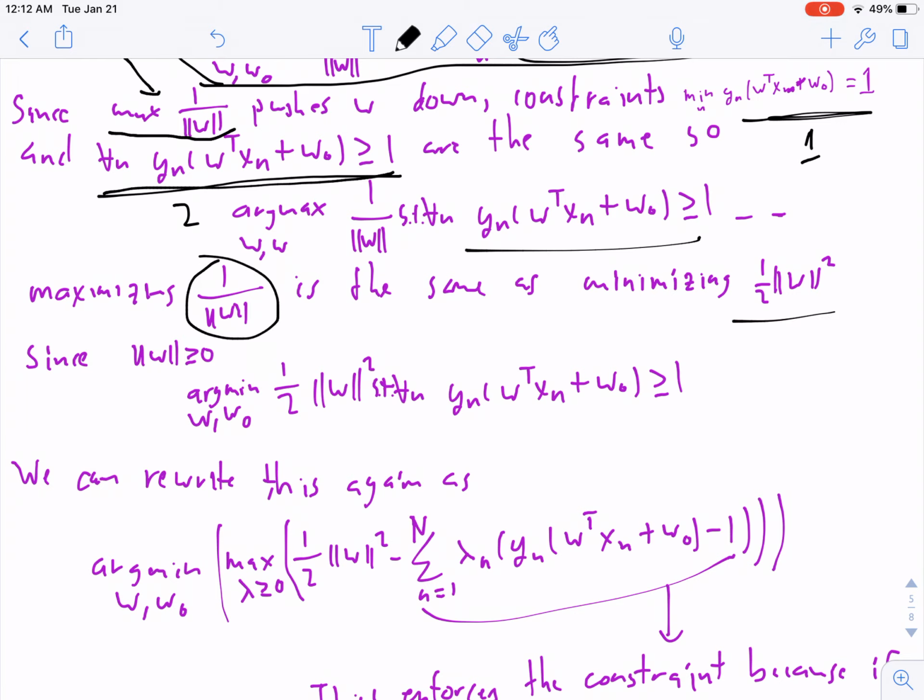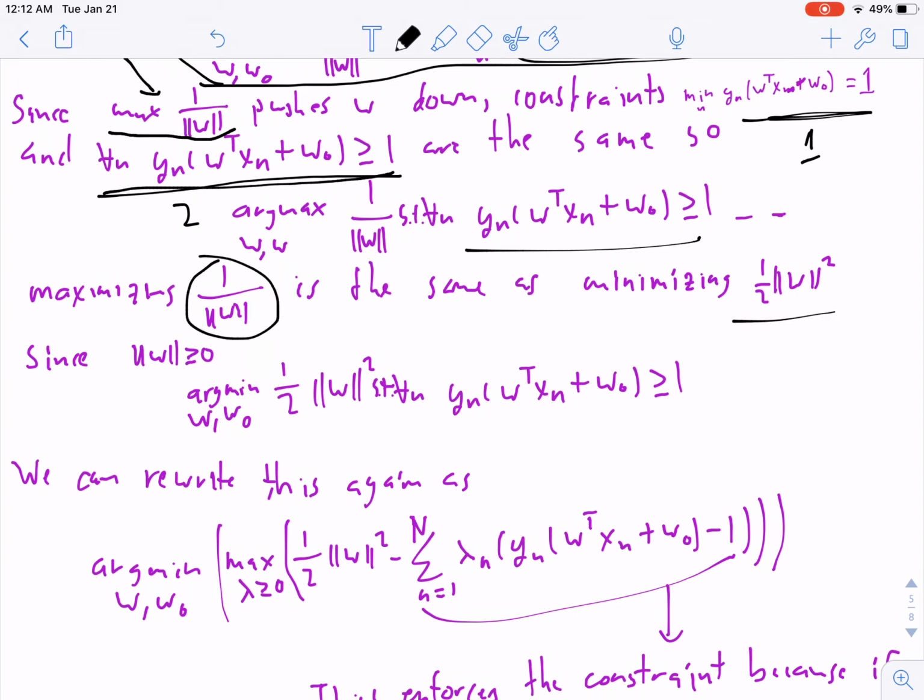And the second thing that I'm going to show is that, subject to the constraint, the equation star minimizes the quantity 1/2 of the norm of w squared, because that's what this equation does. It holds the constraint to be true, and given all the w's and w naughts that satisfy the constraint, it returns the w and w naught that minimize this.